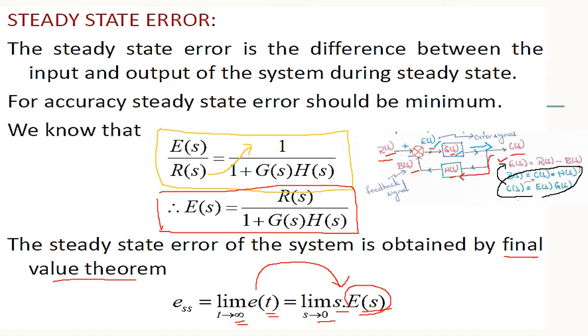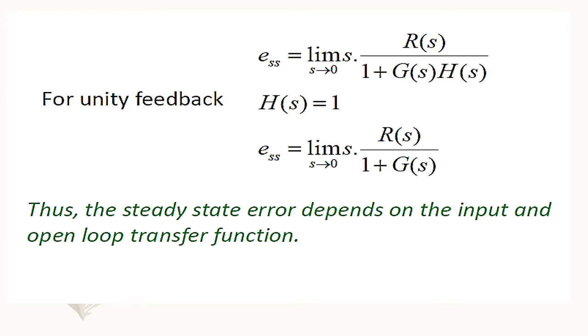If I substitute E(s) as R(s) divided by 1 plus G(s) into H(s), I get ESS is equal to limit s tends to 0 of s into R(s) divided by 1 plus G(s) into H(s), where H(s) is a unity feedback system. So ESS is nothing but limit s tends to 0 of s R(s) divided by 1 plus G(s).